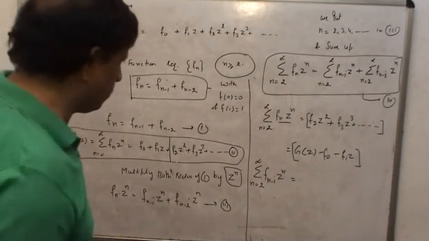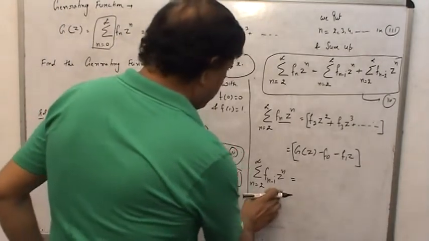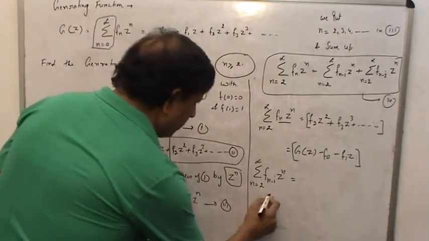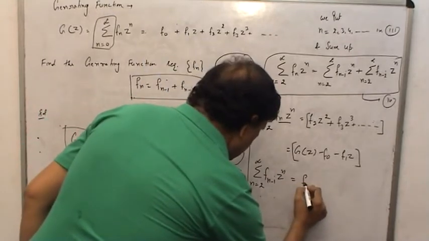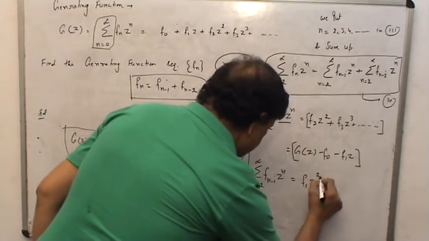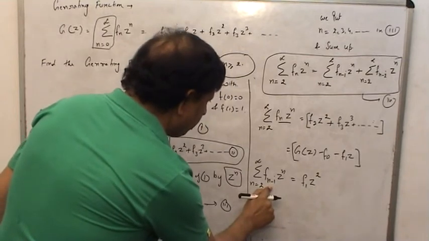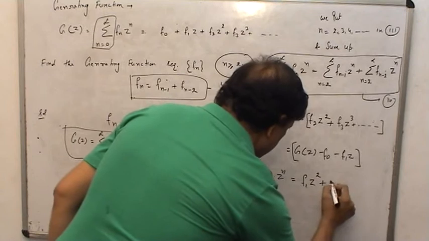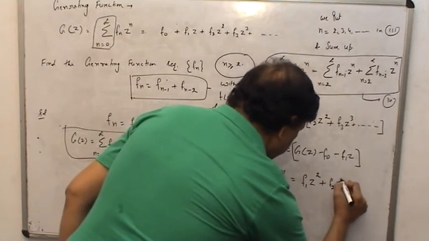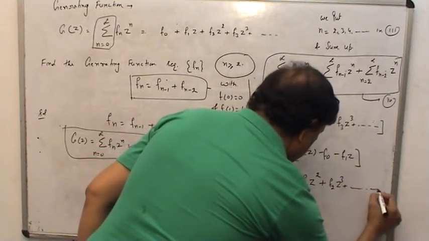If we start putting values from 2, here we get f1 z square. If we put 2 here, f1 z square plus f2 z cube plus so on.